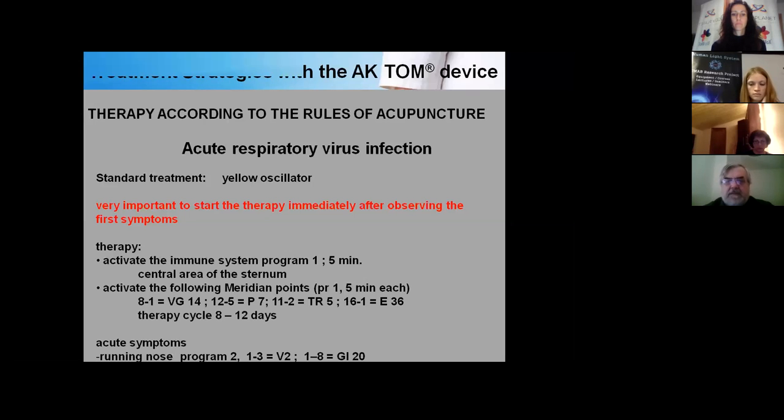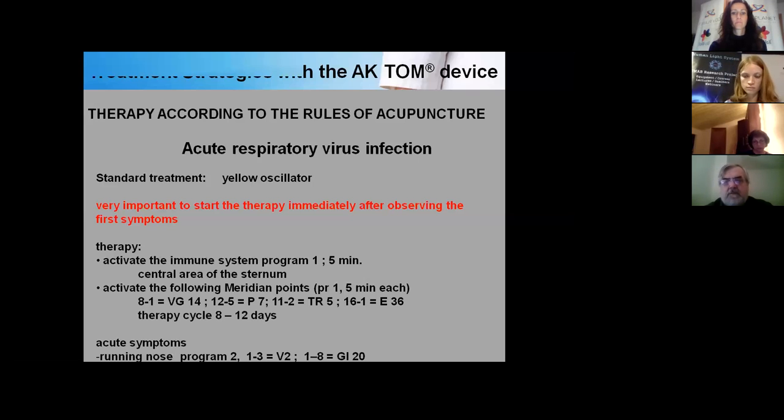To have a treatment of the respiratory system, you can activate the following meridian points with program 1, 5 minutes each per day, and the whole cycle of therapy lasts 8 to 12 days. The meridian points should be activated parallel or one after another, 5 minutes each, so you have in sum 30 minutes.